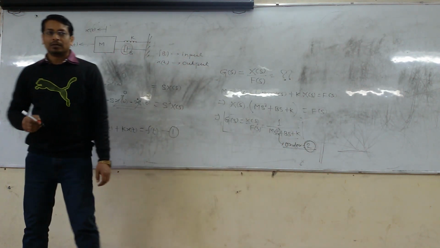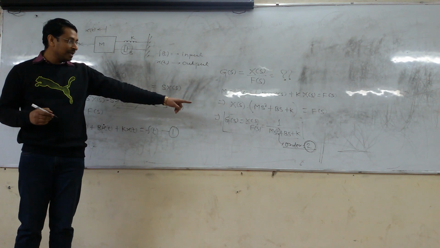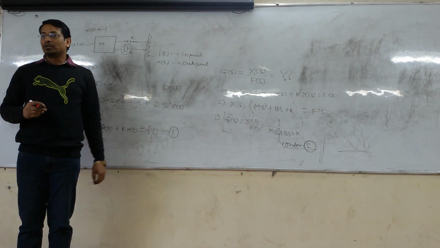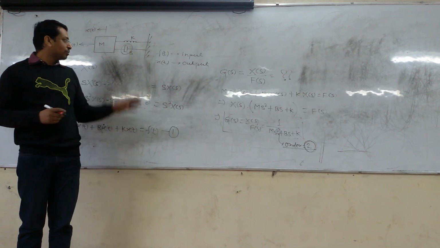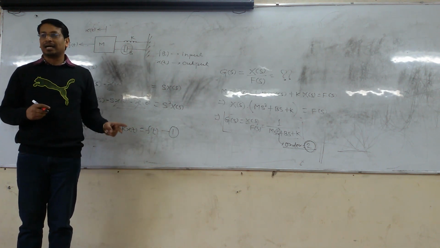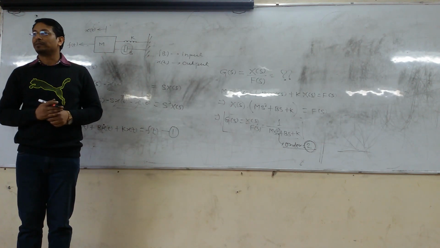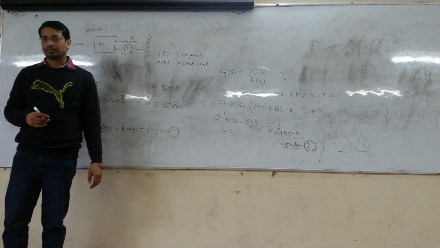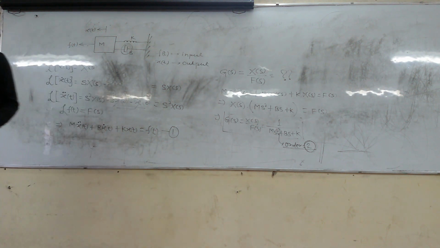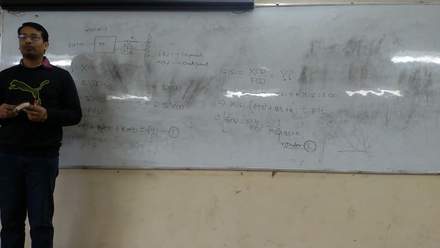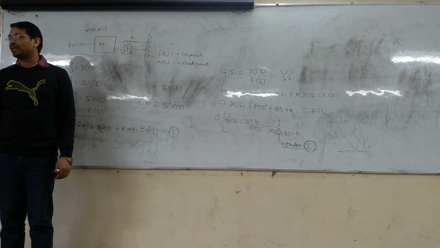So just by noting the order from the transfer function, without seeing the system, you can say the system might have 2 energy storing elements. Clear? So order of the system is equal to the number of energy storing elements present in the system.